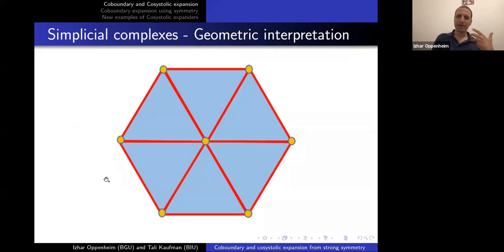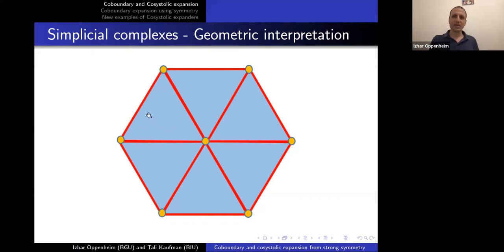But I like to think about it geometrically, and geometrically, a simplicial complex is gluing edges and vertices and triangles and pyramids and whatever. So here's a 2-dimensional simplicial complex. Each blue triangle represents a 2-dimensional face. Think of the subset of these 3 vertices; this gives you a triangle.